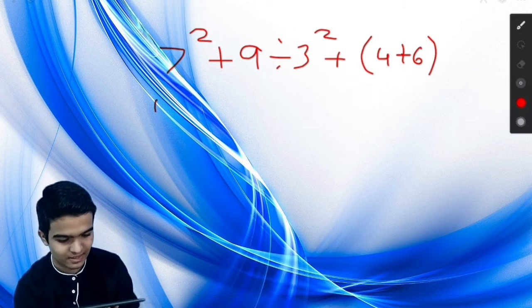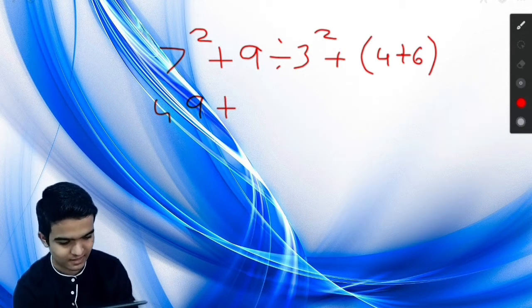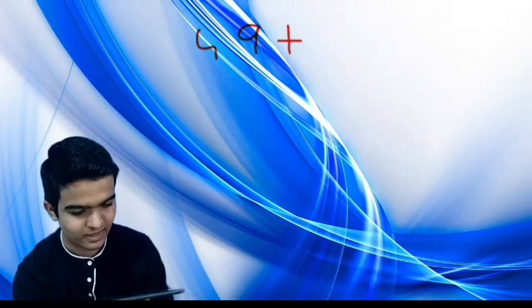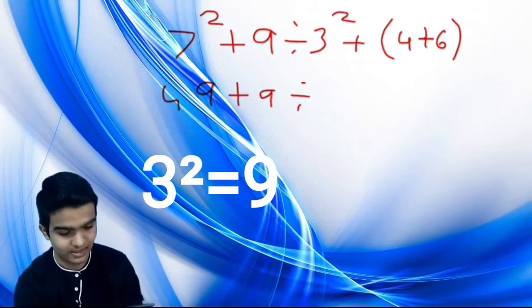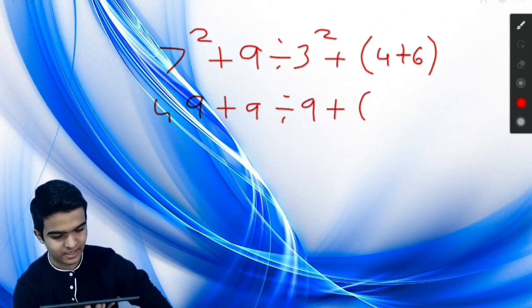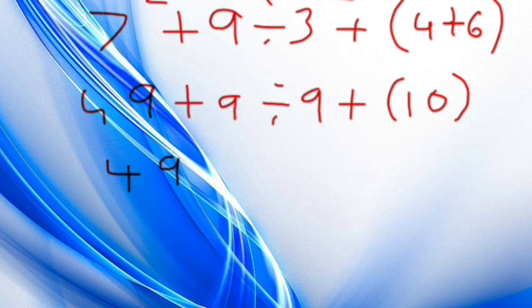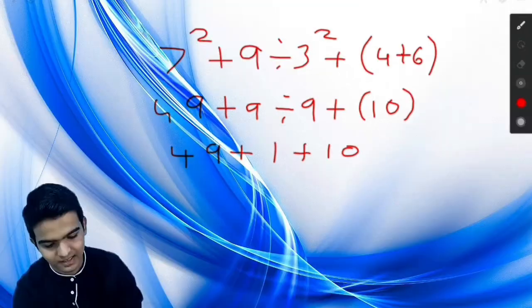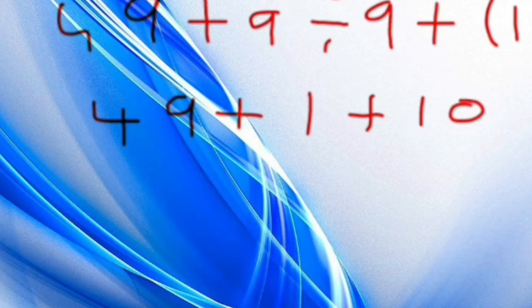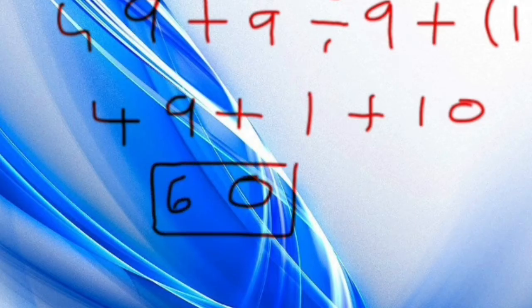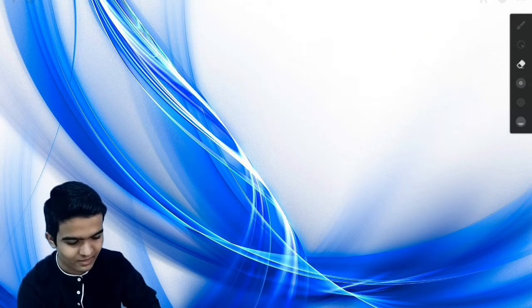So 7 square is 49 plus 9 divided by 9, plus 10, which is like this: 49 plus 1, because 9 divided by 9 is 1, plus 10. It's rather easy. Just have to go with 50 plus 10, which is 60, and that's it. The answer is 60. So the next question is, well, all the questions are pretty easy actually for me.